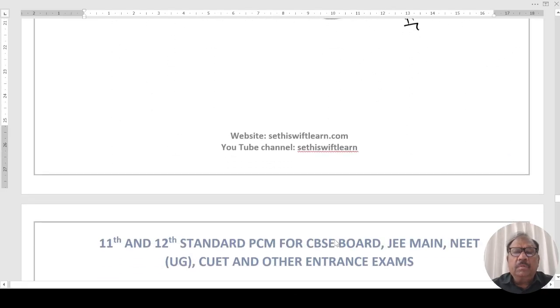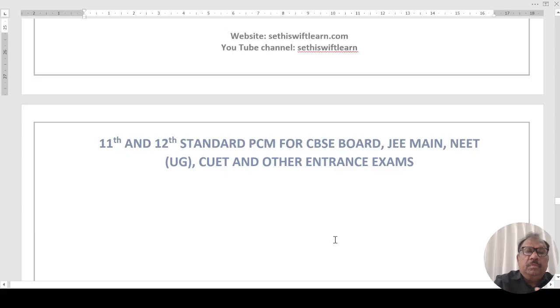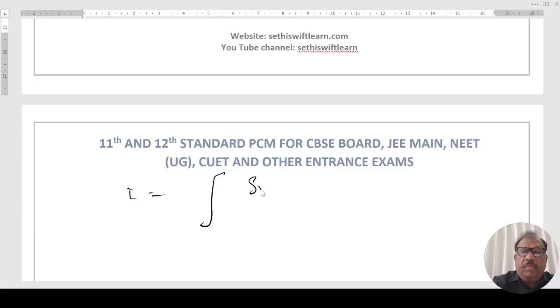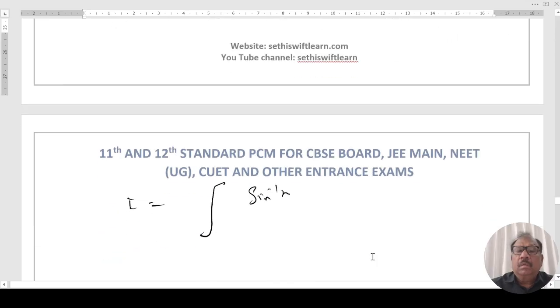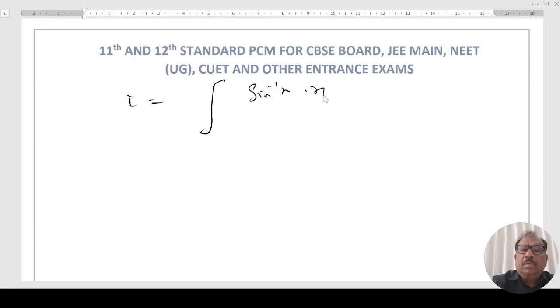Now, next to solve I1. I1 will be equal to sine of inverse x into x upon under root 1 minus x square dx.